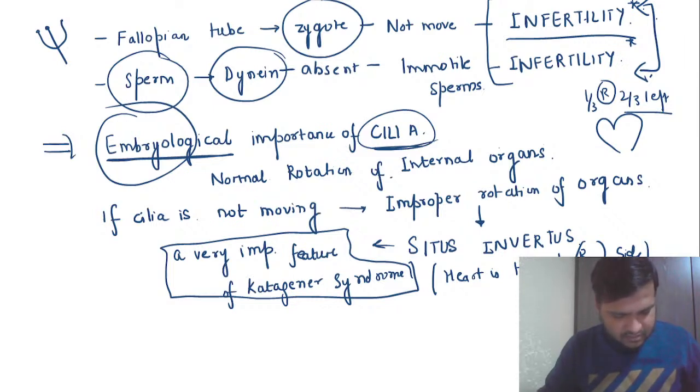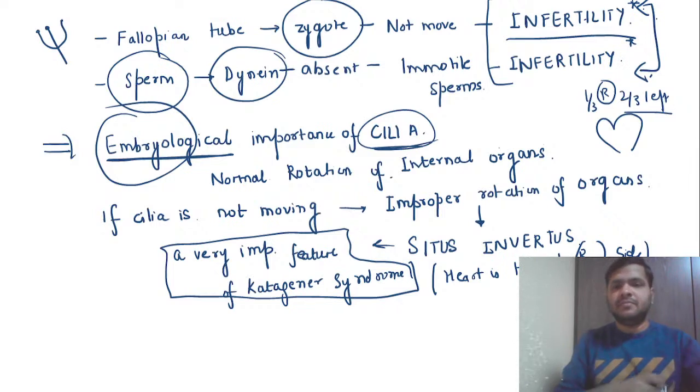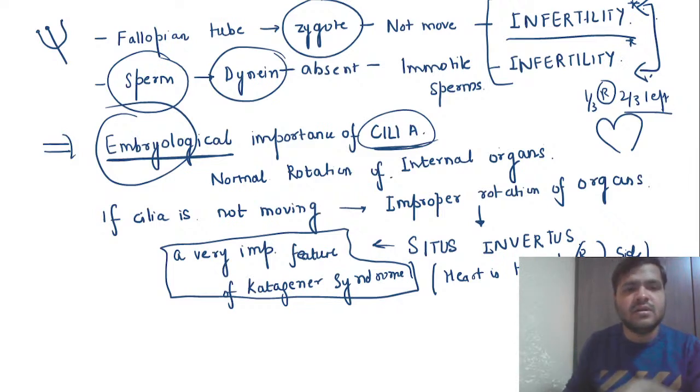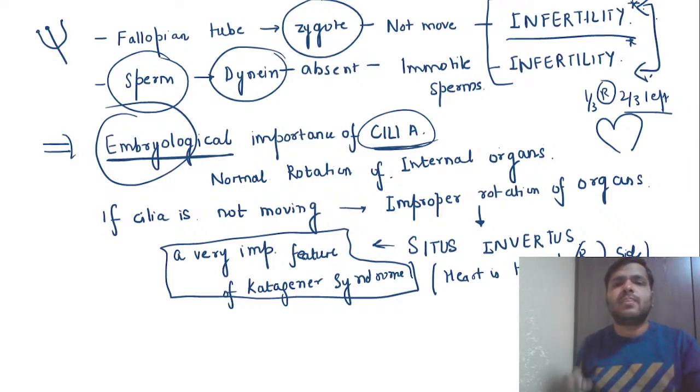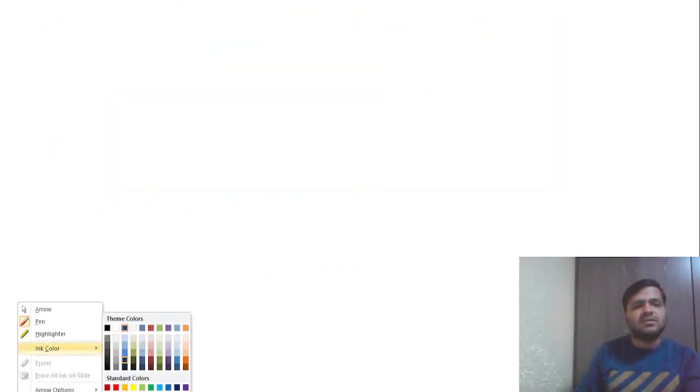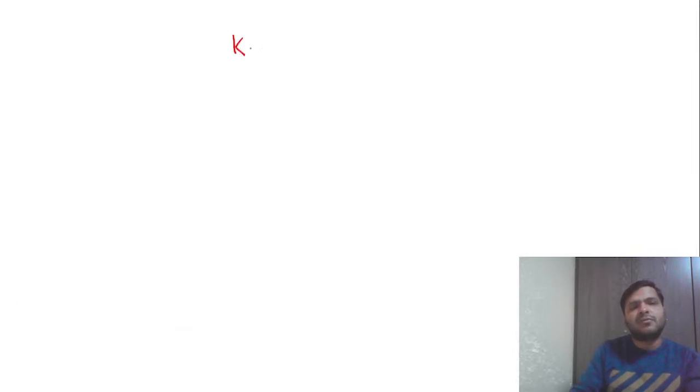So that is situs inversus. So when I say Kartagener syndrome, there is a triad.